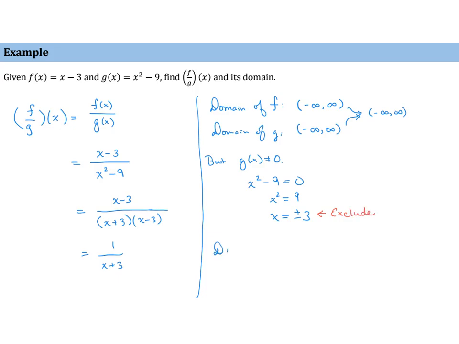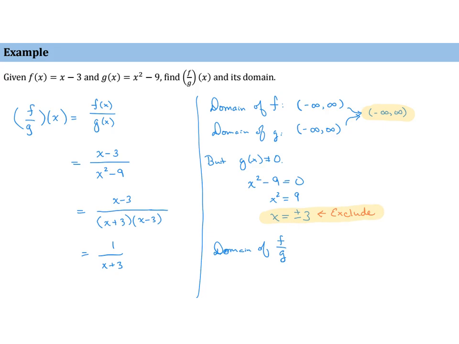So the domain of f over g takes into account two things. It takes into account negative infinity to infinity, the overlap of the two domains from up here, and then also the fact that we need to exclude positive and negative 3.